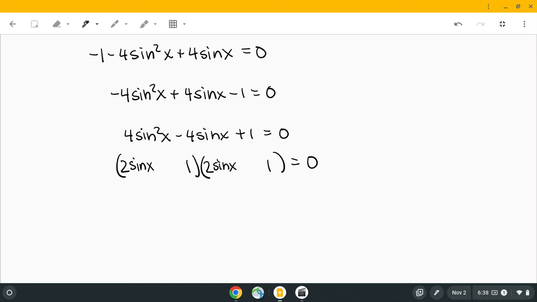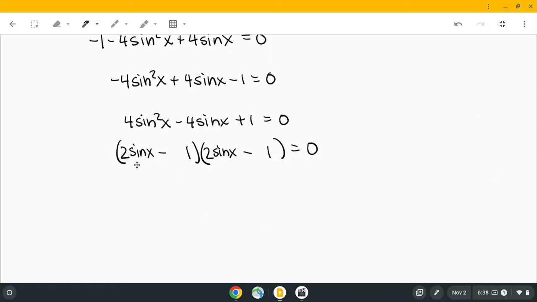We'll just start over and try something else. Okay, does this work? Let's see if we get -4 for the middle. Outside we get -2. Inside we get -2, and -2 and -2 is -4. So this is correct. All right, so these are the same factor, so I only need to do it once.